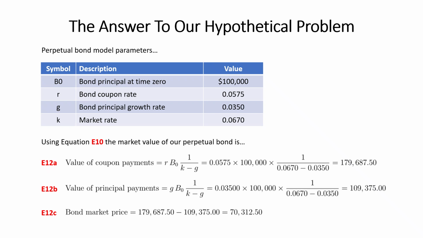So the value of those coupon payments is $179,687.50.